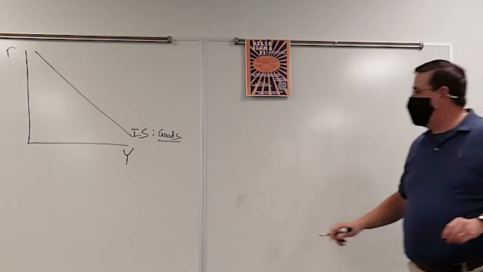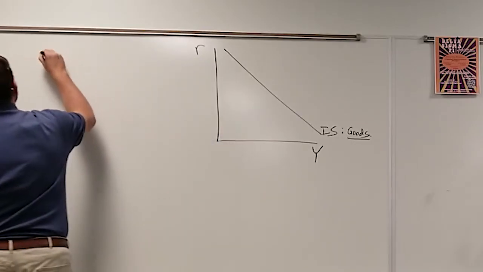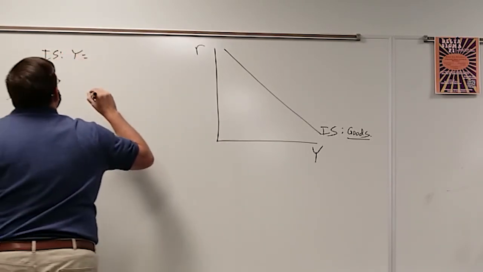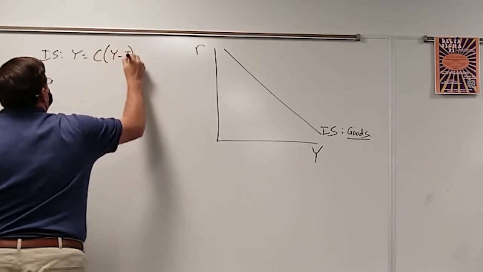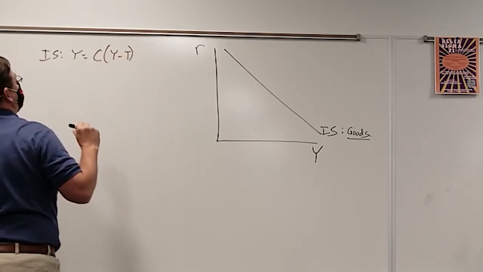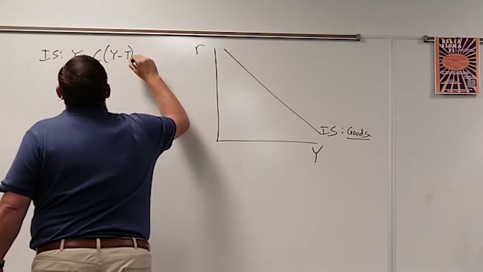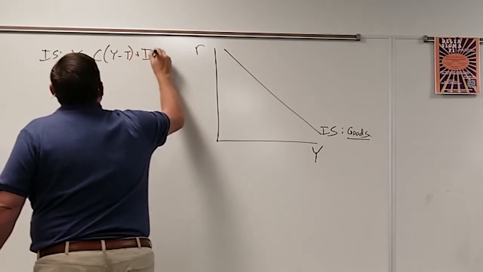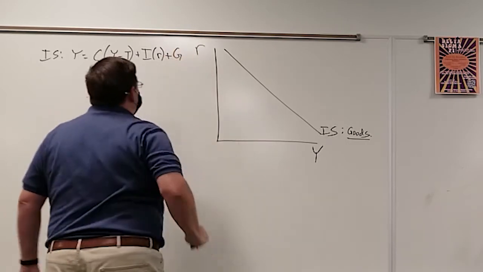The IS curve is familiar because it comes from the equation where Y equals a function of consumption as related to total output minus taxes, plus the relationship of the interest rate, plus government spending.